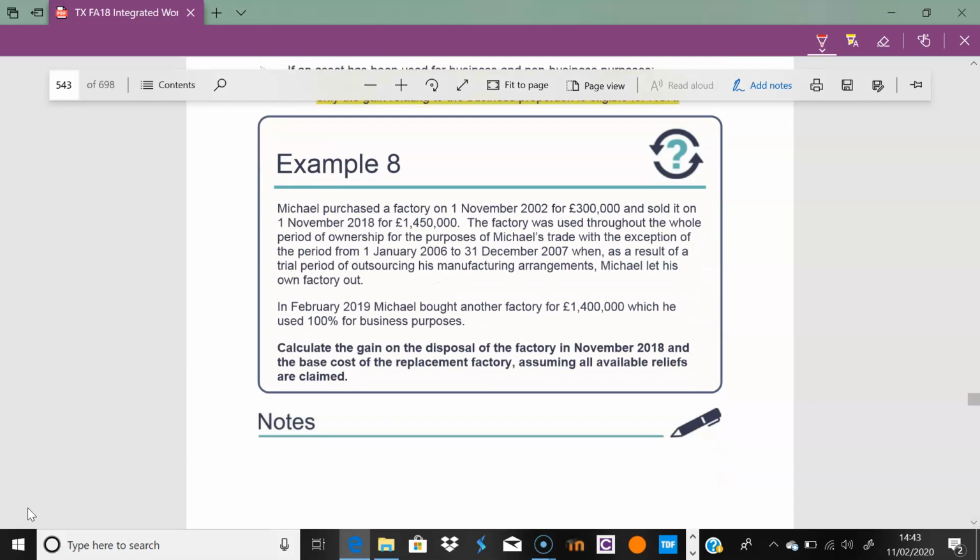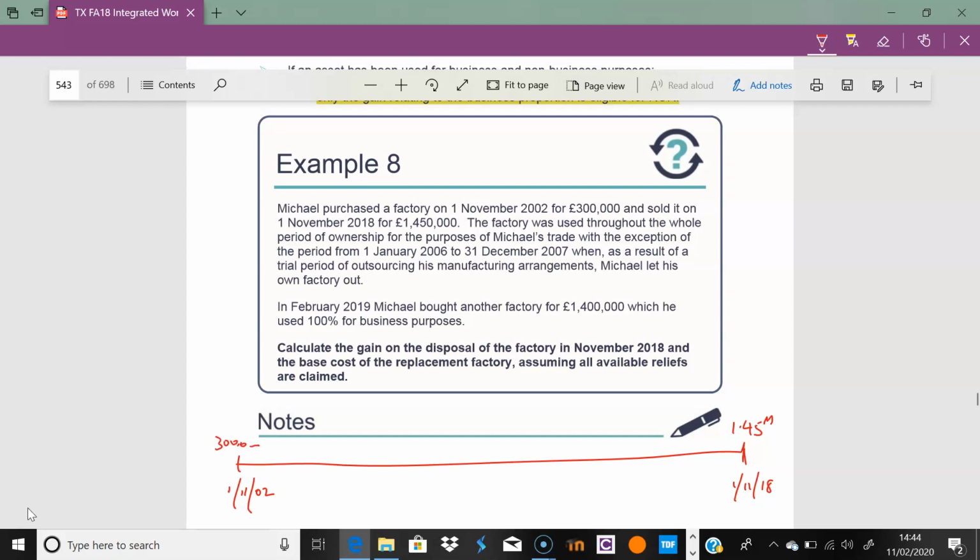So if you look at this, it says that they purchased a factory on the 1st of November and sold it on the 1st of November 18 for 1.45 million. He purchased the factory for 300,000.